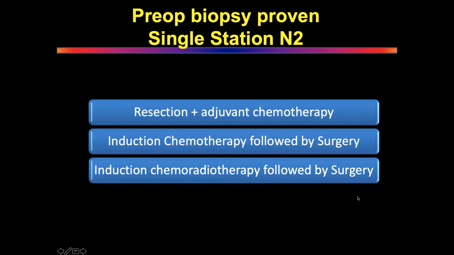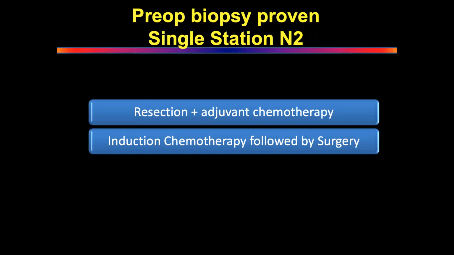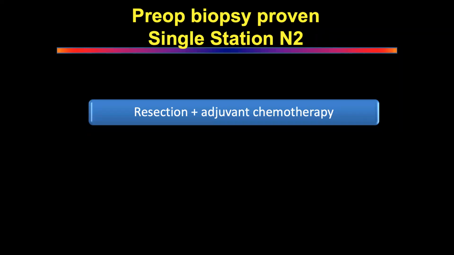So, any time in an exam, if you're asked this question, what do you do in a single station N2? The answer is, number one, if the patient is fit for surgery and it is a small single station N2, I would offer him surgery followed by adjuvant chemotherapy. No, the first answer is I would discuss in the MDT. The second answer is I would offer him surgery followed by chemotherapy.